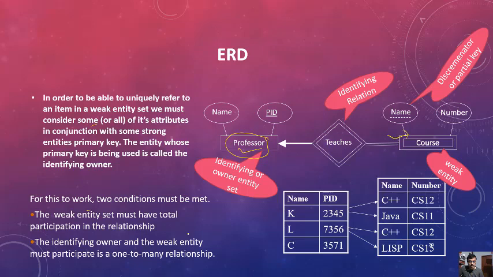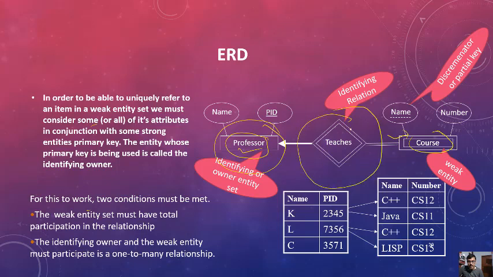and a weak entity is denoted by a double-layer rectangle, and a weak relationship by a double-layer diamond shape. Okay, so this is called the identifying relationship, this is the identifying owner, this is the weak entity.